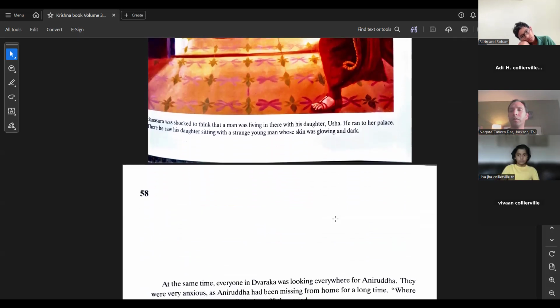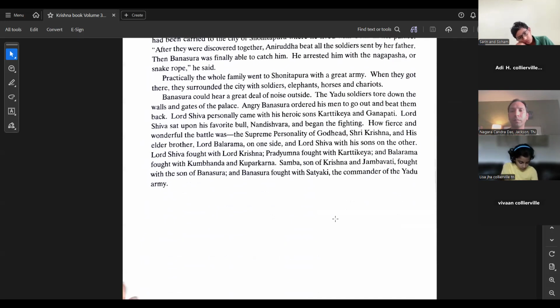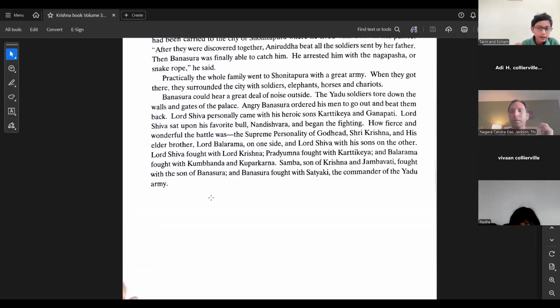He was not on the other side. Satyaki is on the side of Krishna, and Krishna and the Yadus are fighting against Banasura's team.